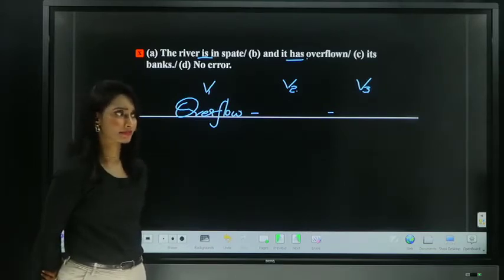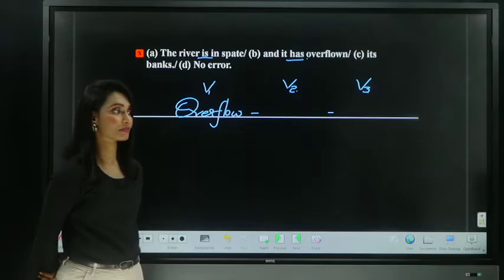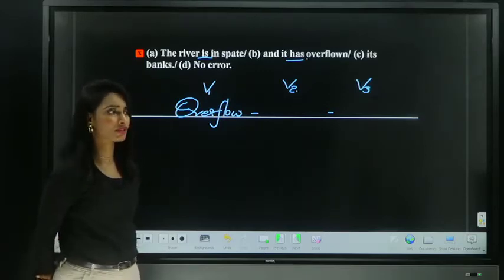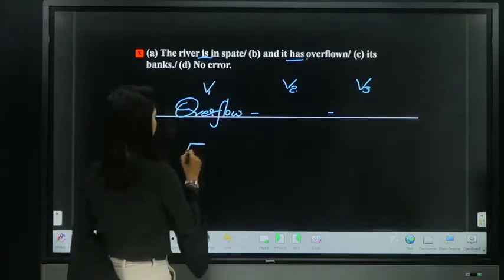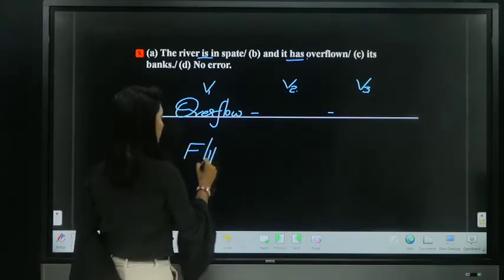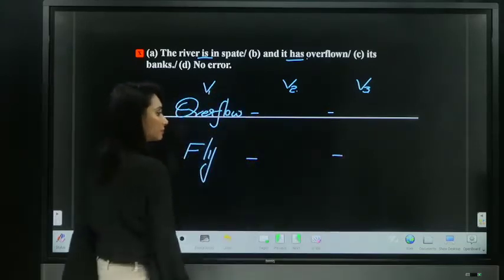Quick, guys. Many questions to discuss, many models. Fast. What is V2 and V3 for overflow? And also V2 and V3 for fly. Quick.